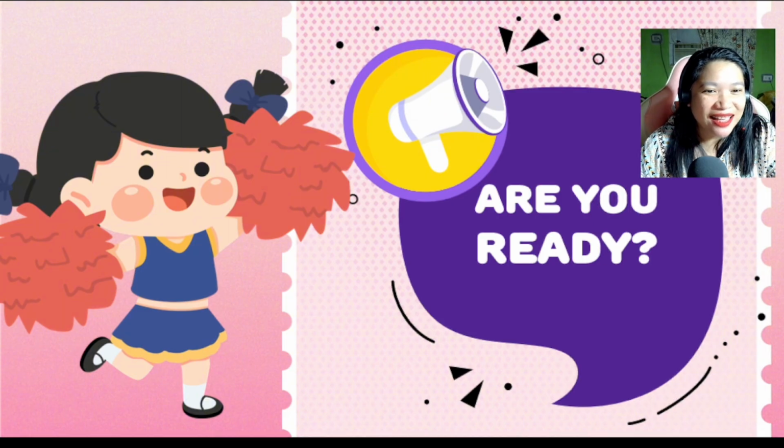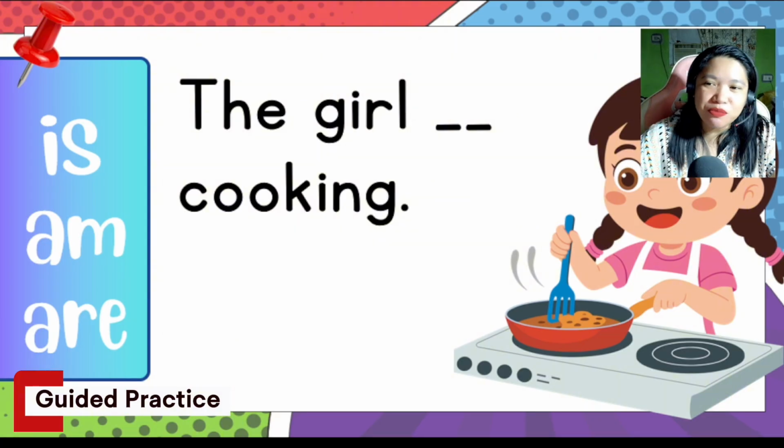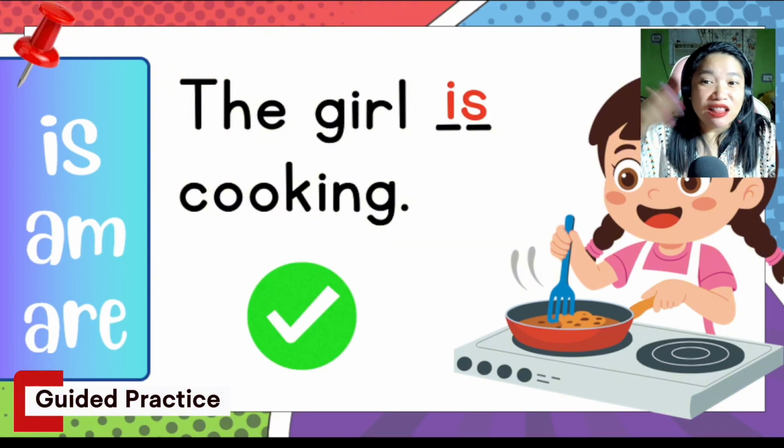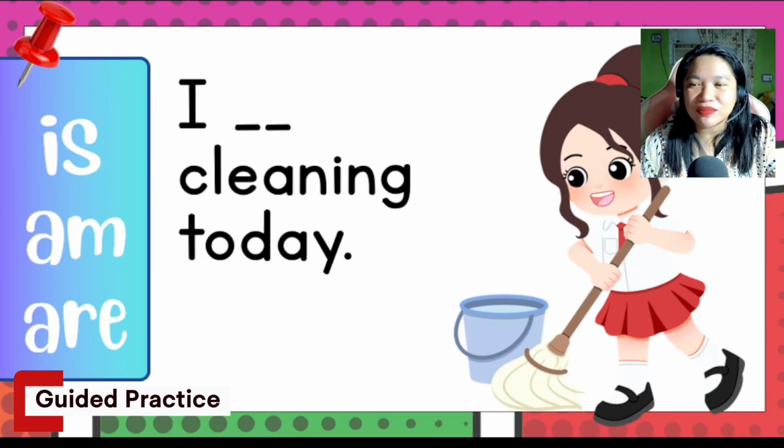Are we clear? If that's clear, let's go over our sentences. Let's have the first sentence. Yes, Marie. The girl blank is cooking. What should be the answer? Is, am, or are? Correct. The girl is cooking. How about the next sentence? I blank cleaning today. Is or are?